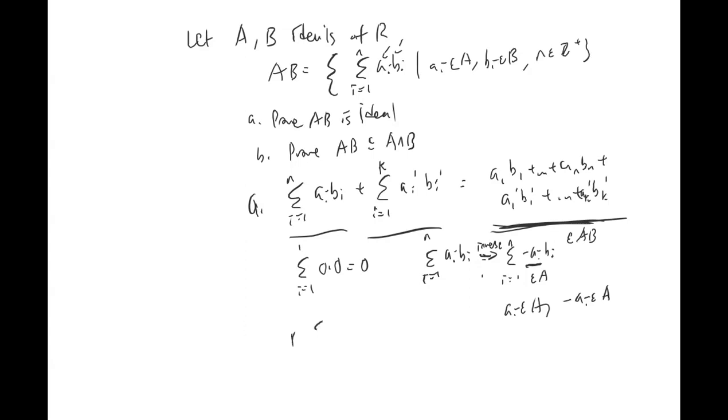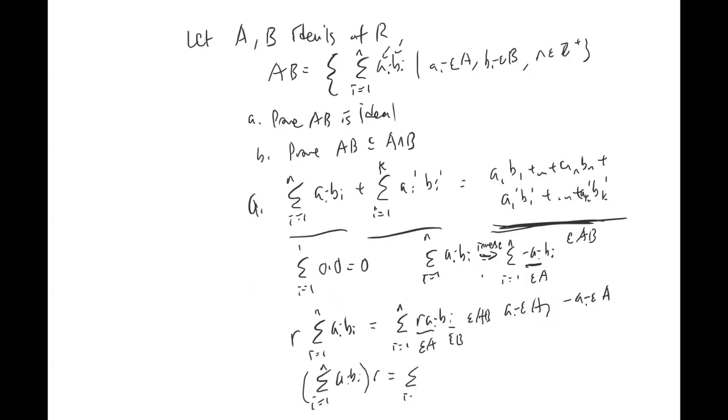R times this is, and again, by the magnet property, this is in A, this is in B, right? So this is in AB. And similarly, here I'm using the fact A is an ideal. So now from here, I will use the fact B is an ideal, the other way.